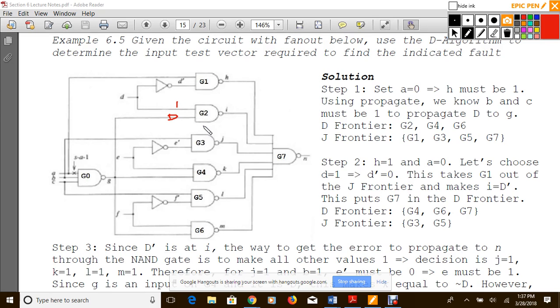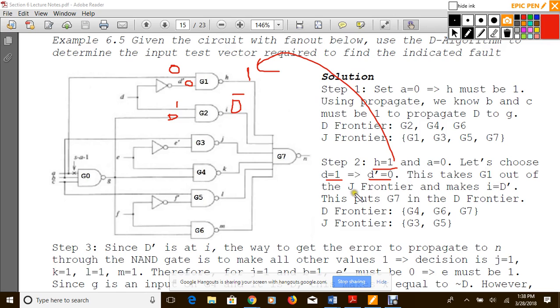If it's 0, it would have been a 1, and if it's 1, it would have been a 0. So it propagates D bar to the output. So if we choose D is 1, therefore D bar is 0, right? Well, if D bar is 0, that means we have A is equal to 0, right? And we should get a 1 here. So H is 1, so that means that value is correct. You see what I'm going on here?